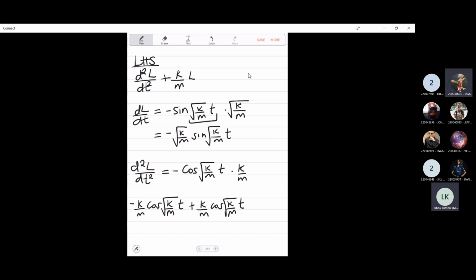You can see that these two are the same except one is negative, the other one is positive. So this is equal to 0, which is equal to my right-hand side. So I have shown that cos of the square root of k over m times t is in fact a solution to the differential equation.